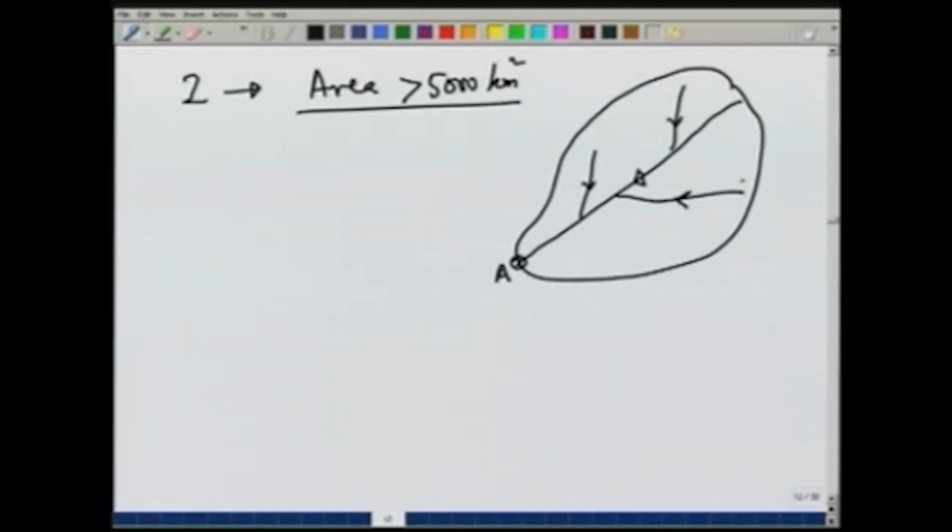So, if we look at this area, we can subdivide this into smaller areas and then apply the unit hydrograph theory over the smaller areas.